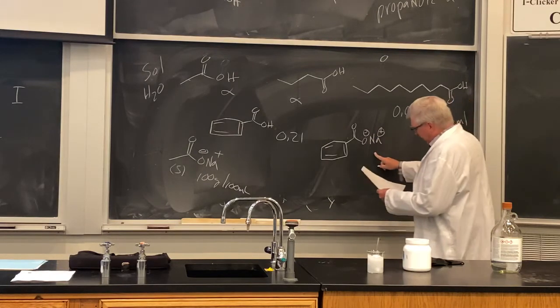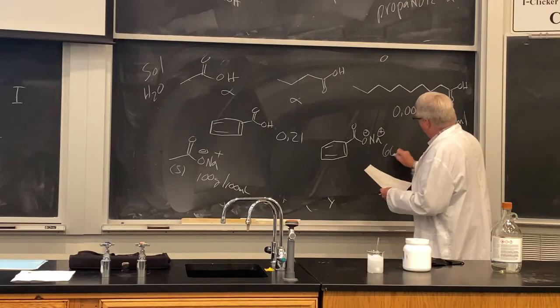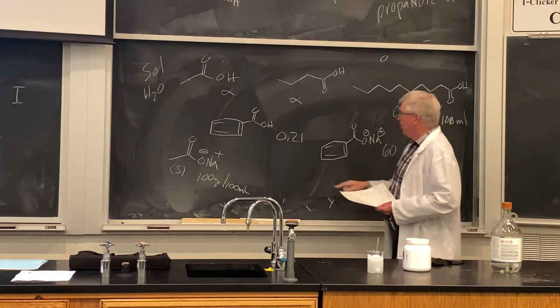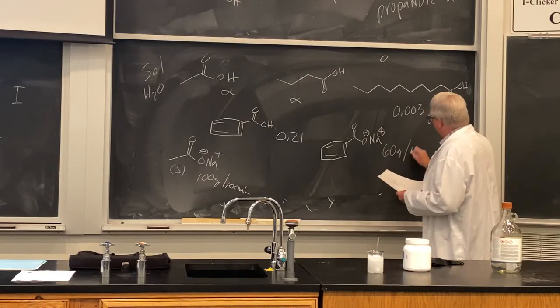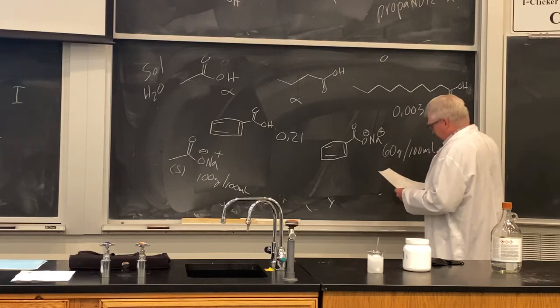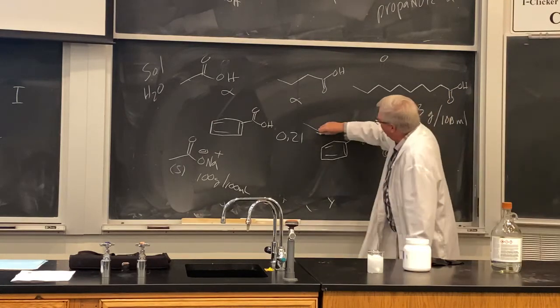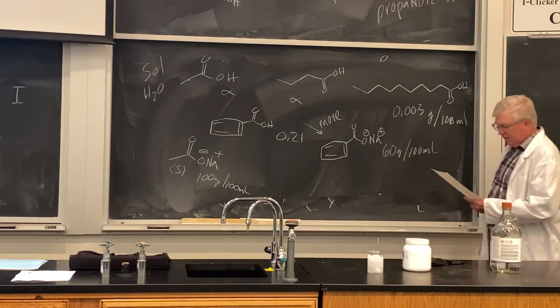What about its solubility? Well, it's not infinitely soluble, but it's more than the neutral form. The neutral form is only 0.2 grams per 100 mils. This one, though, is 60 grams per 100 mils, okay? So it becomes much more soluble if we have it ionized to that form.